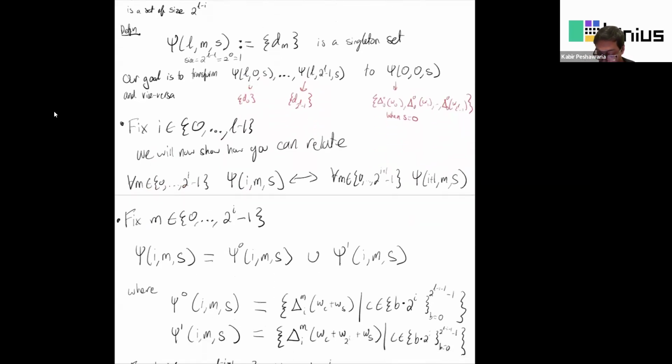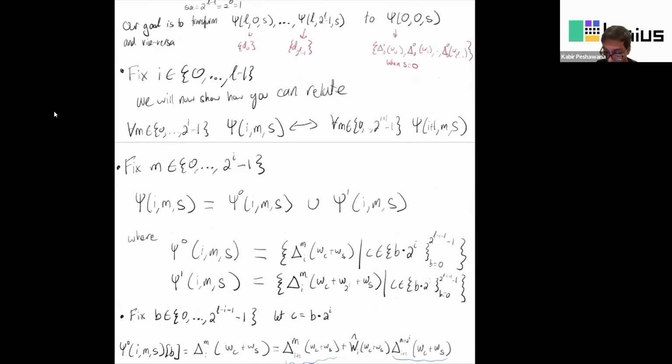Okay, how does this work? Fix an M. Psi of I can be broken up into psi 0 of I and psi 1 of I, kind of like the first half and second half, is how you can think of it.